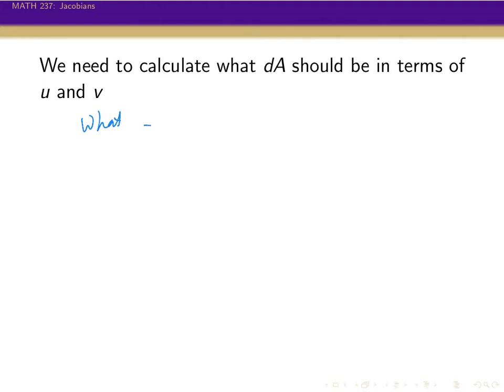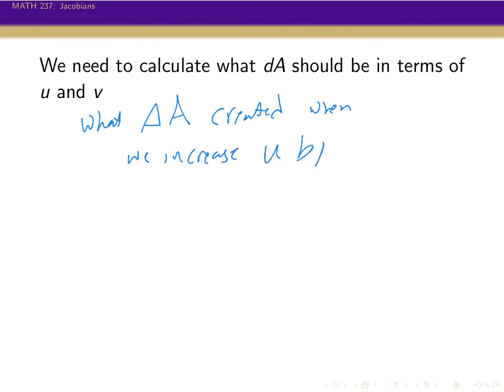That increase in area, we call delta A, created when we increase u by delta u and v by delta v.